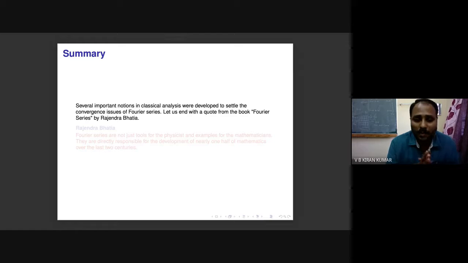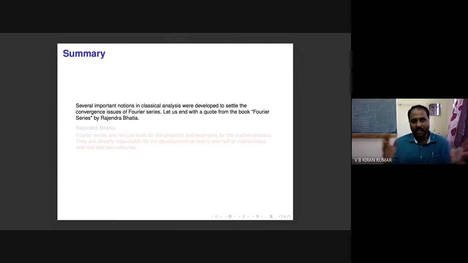Now, let me mention that several important notions in classical analysis were developed to settle the convergence issues of Fourier series. You may wonder how much it might have contributed to the development of classical analysis. The idea is that the problem comes from an applied area: the heat conduction problem, the vibrating string problem, and so on.